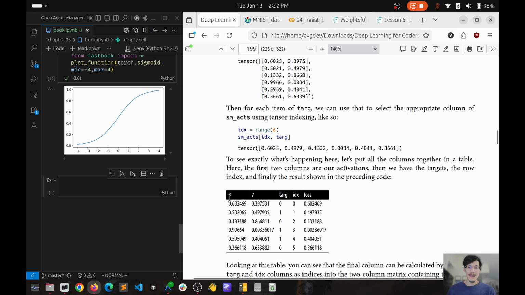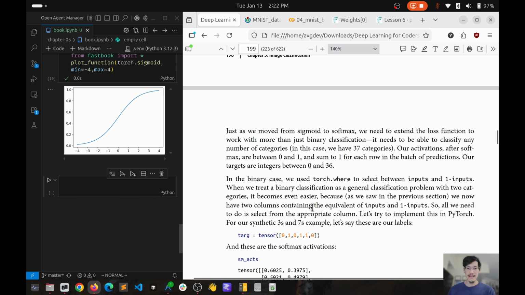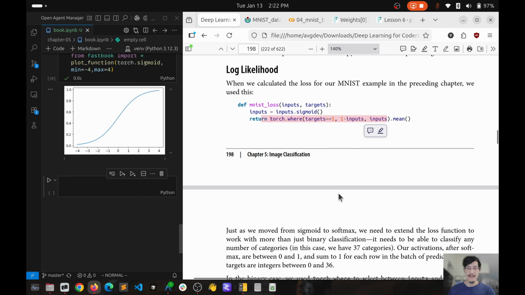Okay, so the likelihood to get a 3 is 0.6, and then for 7 is 0.3. The loss here is going to be 0.6 because of this here.